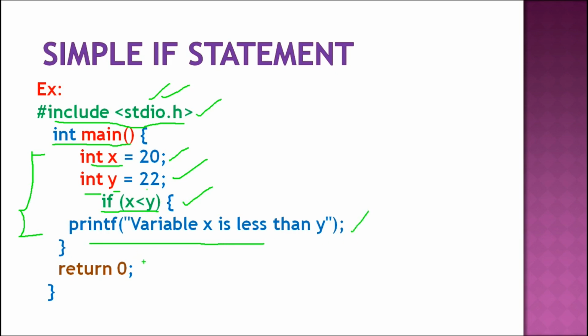And if the program executes successfully, it returns the value 0. That means if the condition is false, then it will not print "variable x is less than y".